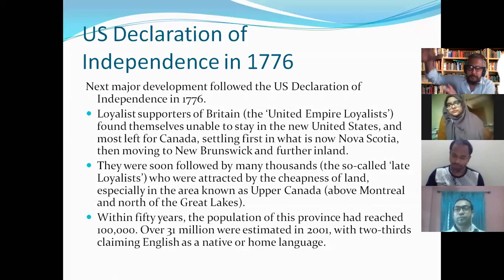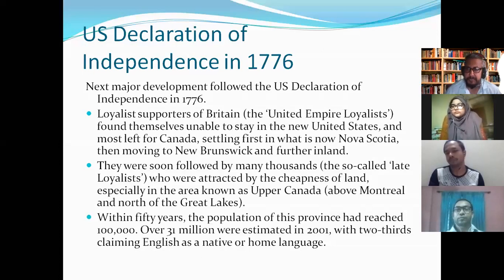America was totally controlled by the British administration. At the very beginning of the 18th century, nearly 2 million British people had been living in Canada. But when America declared independence in 1776, what happened over there?